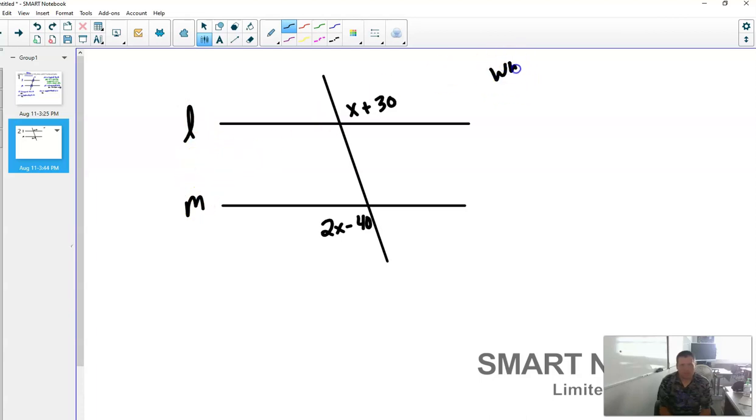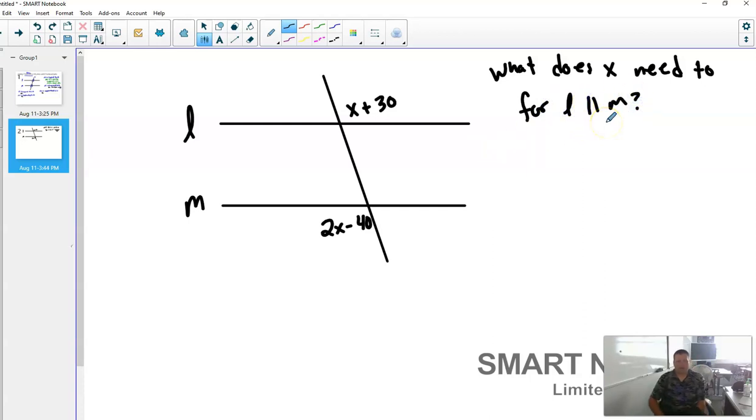What does x need to be for L to be parallel to M? That's the question here. Again, I go through my logical process. How do those two angles relate to each other?